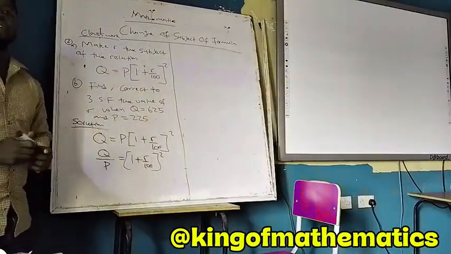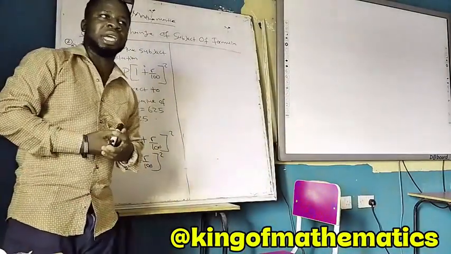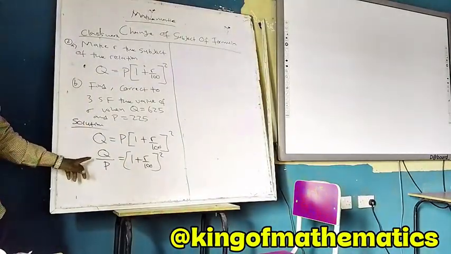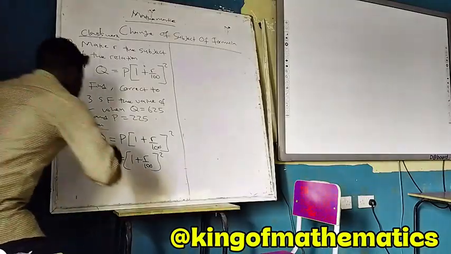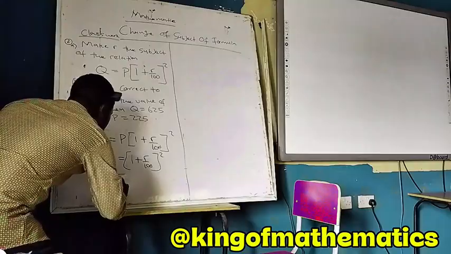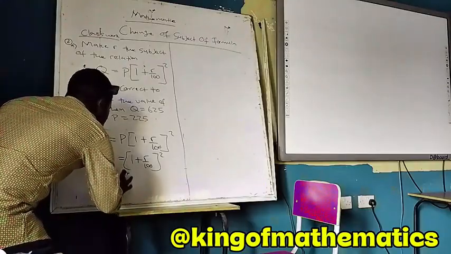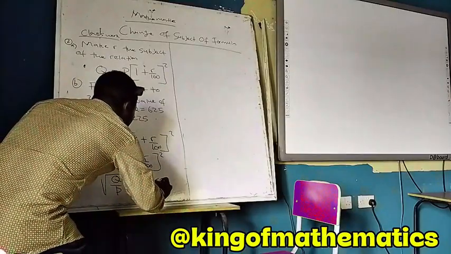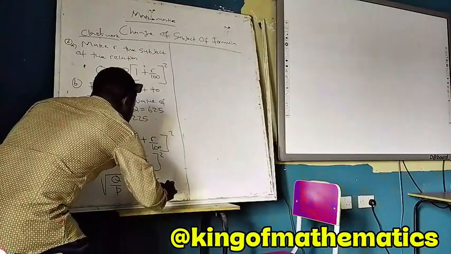After P, what's the next thing we are meant to take away? The square. So when you take away the square, it turns to square root. So you have square root of Q over P equals 1 plus R over 100.